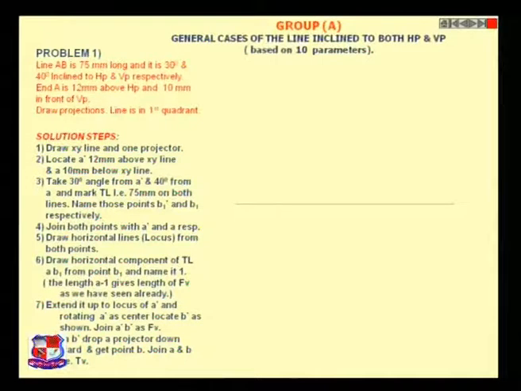First of all, draw the XY line. It is the main and basic fundamental line. The XY line will always be there in any problem. Now we will locate point A. The location of point A is 12 mm above HP, which means that from the XY line we locate the point 12 mm above the XY line, naming it A dash.